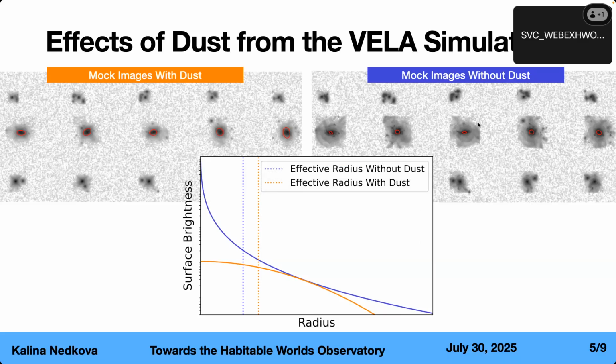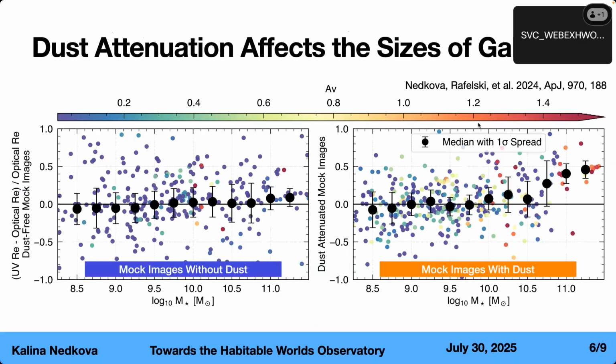And if we integrate under the curve and find where this integral is equal to 1/2, this is going to give us the half-light radius, and you can see that with dust, we're measuring a larger half-light radius than without.